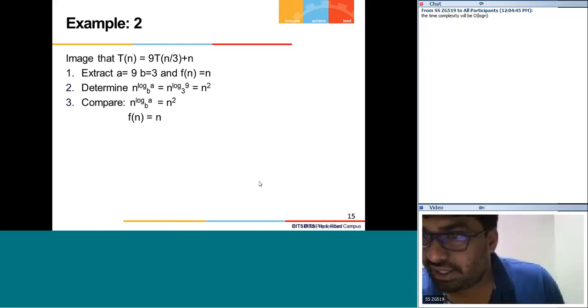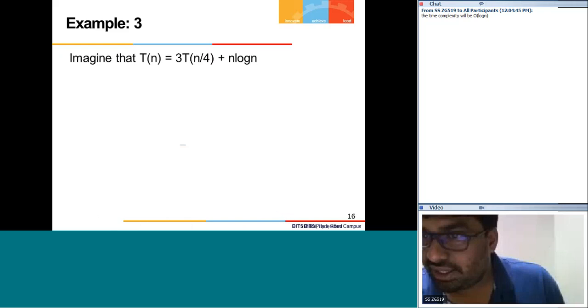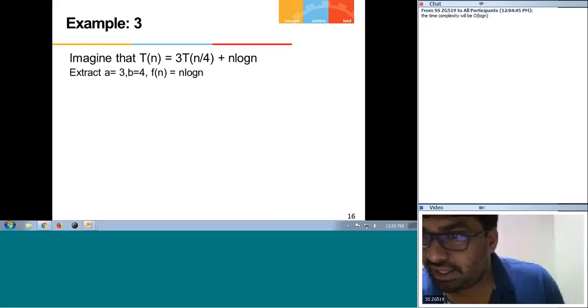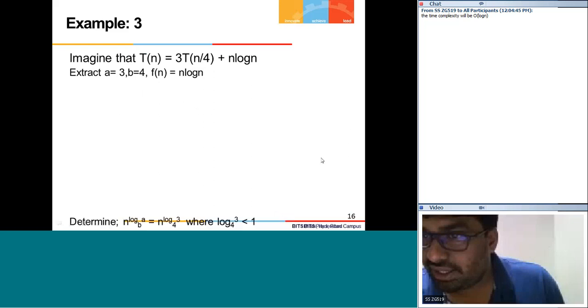And the constant value is always less than 1. Remember, it should not be less than or equal to 1, it should always be less than 1 only. Now, step number 1 is determining a, b, and f of n. Is this clear? Step number 1 we have just done. Till step number 3 I'm just quickly showing, then we'll discuss the rest.